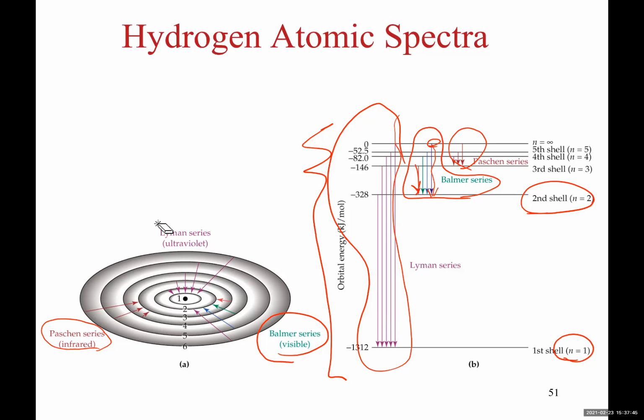But we can detect these, and we can explain exactly which transition of electrons, which levels electrons are dropping from and to. So that's our explanation about the observation of the line spectra.